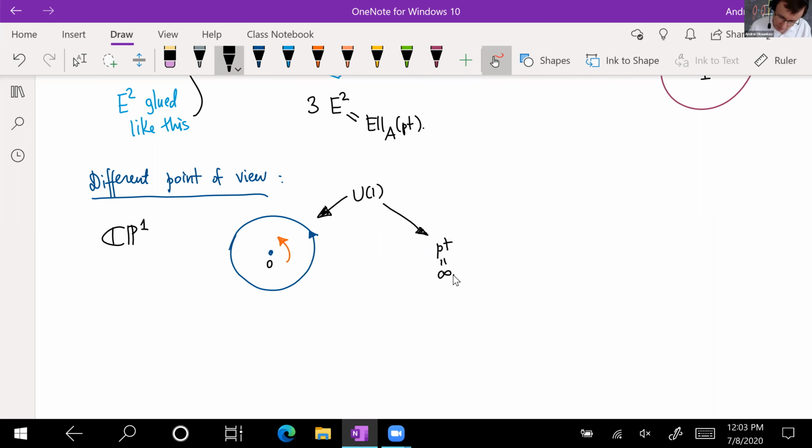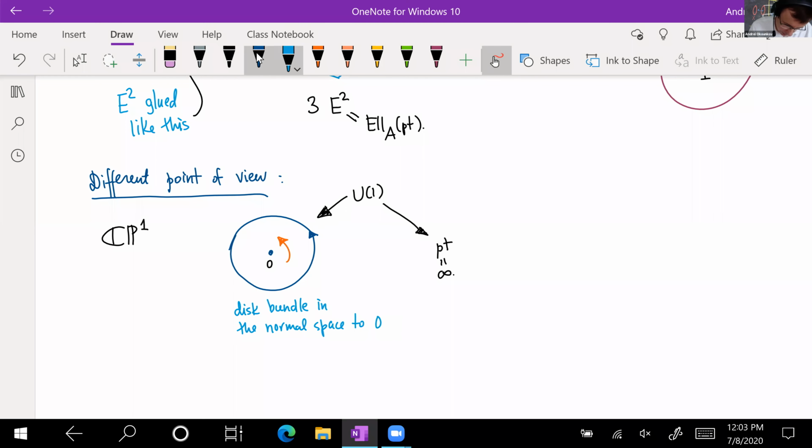So another way, we could have considered the diagram. This is like the disk bundle in the normal space to 0.